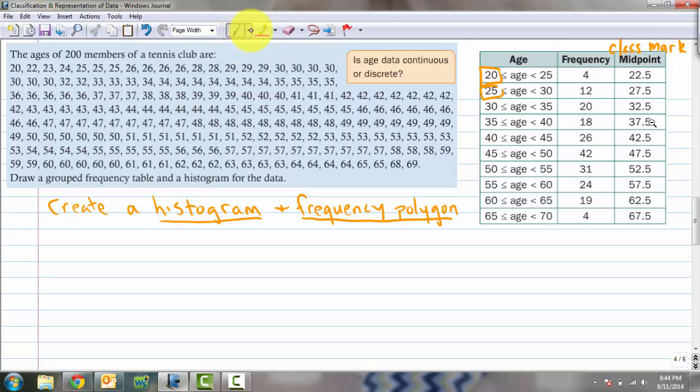We'll draw this by hand. So 20, 25, and evenly spacing these, 30, 35, 40, 45, 50, 55, 60.